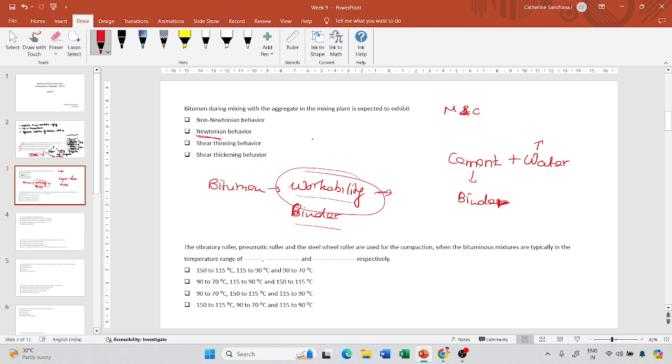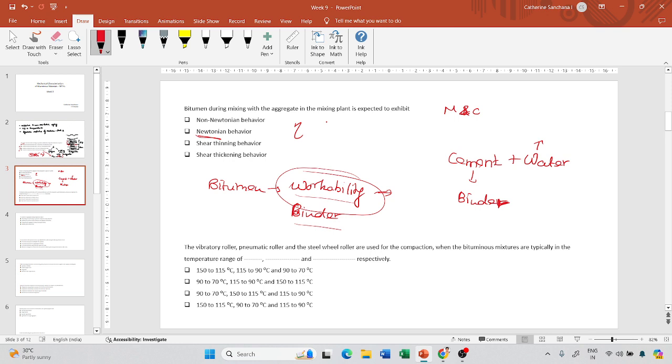Because at higher temperatures the bitumen will be fluid-like, and the property which can explain a fluid material is viscosity. At high temperatures it is going to be very less viscous and act as a viscous material, and so we measure something called viscosity.